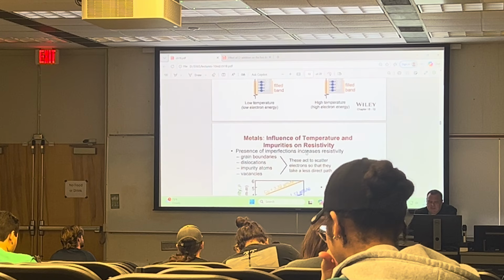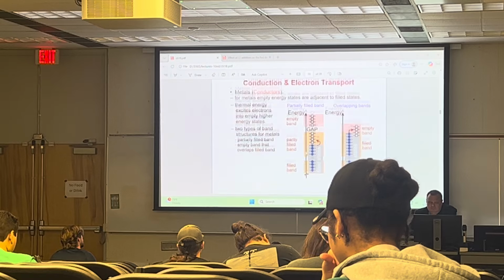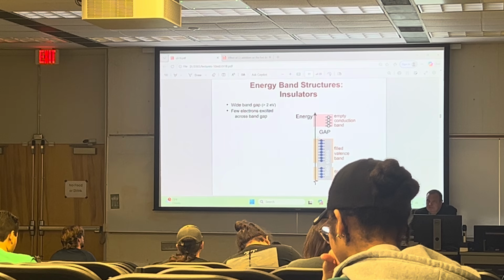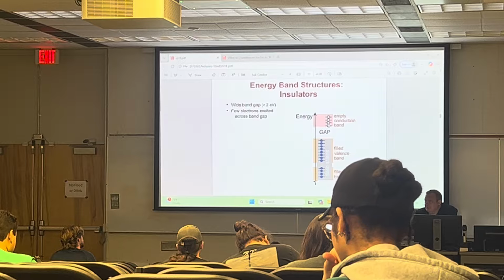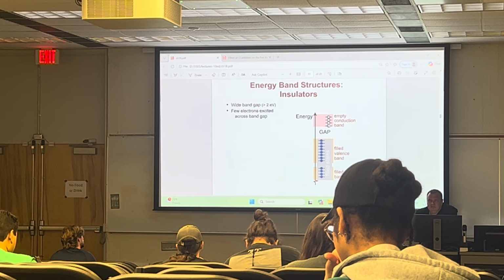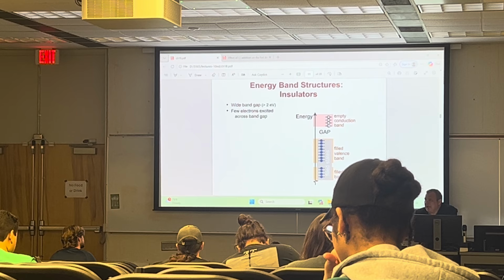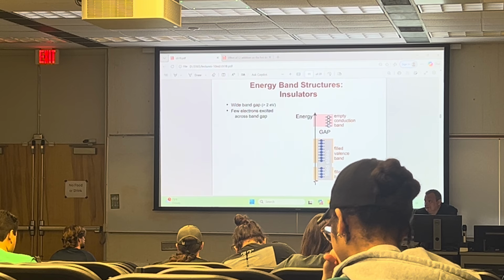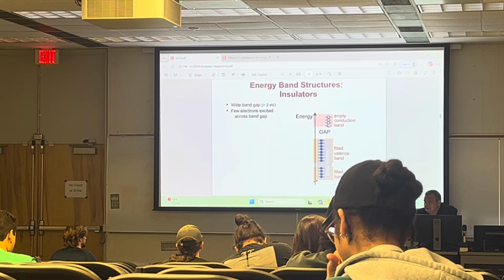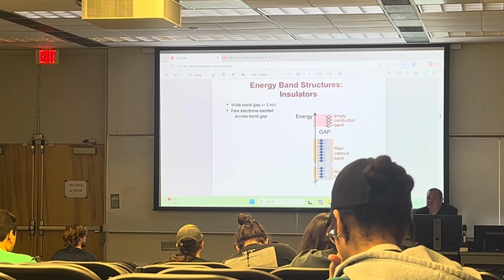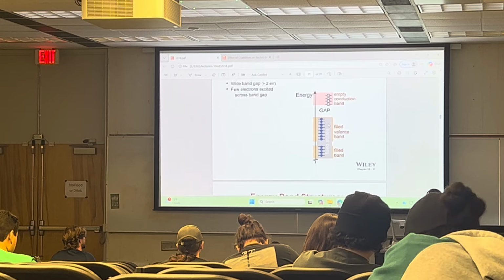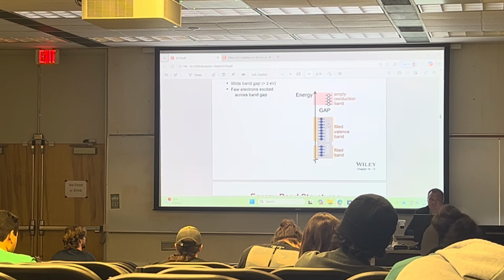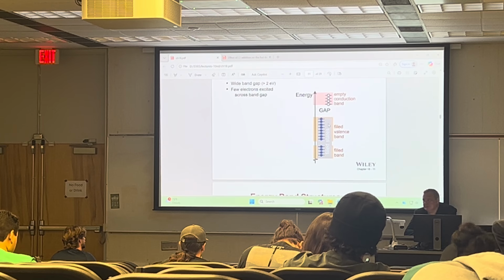For insulators, again, the gap is so high that the energy for the electrons to go into the conduction band is very, very high. It does not mean that it cannot happen. If the potential is very high, there's going to be what's called dielectric breakdown, which is associated with a violent process, almost like an explosion.